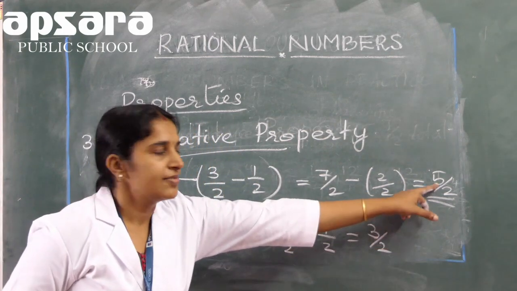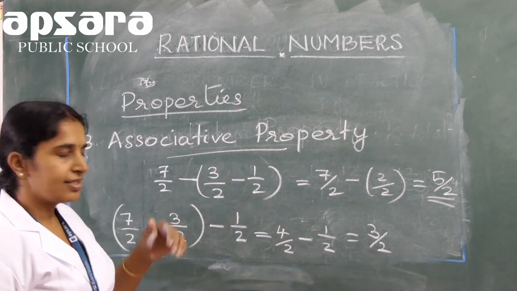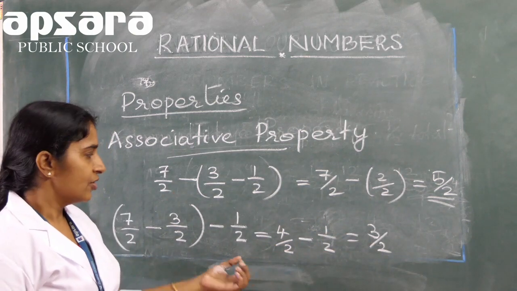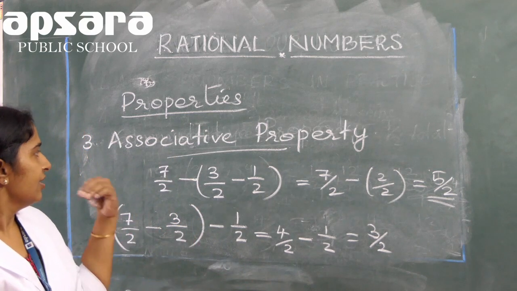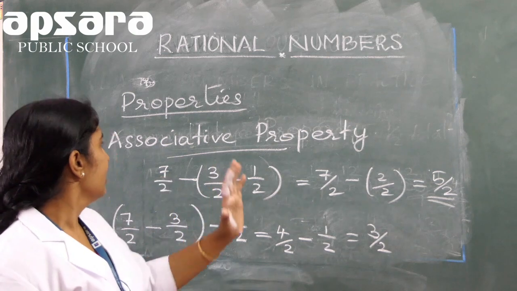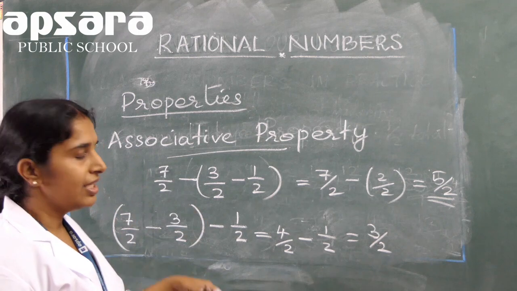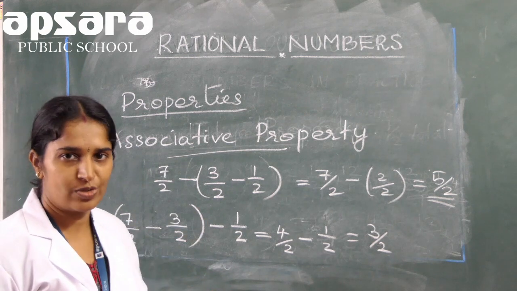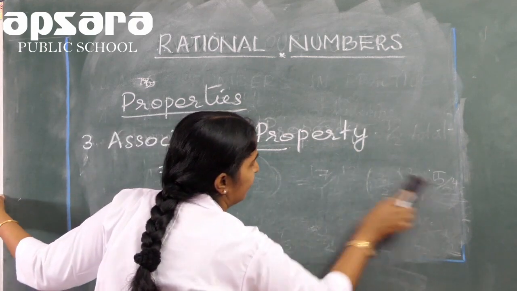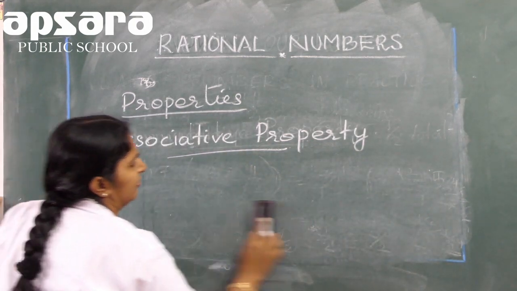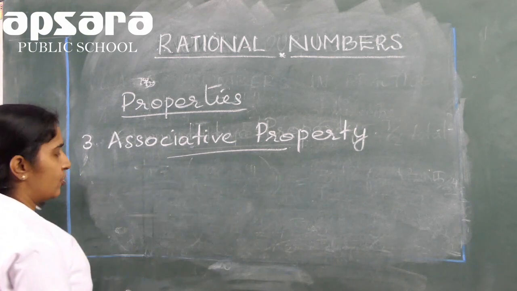So here the answer is 5 by 2, whereas here it is 3 by 2. Is the answer the same? No, they are different. So you cannot say that subtraction of rational numbers is associative. Similarly, division is also not associative.